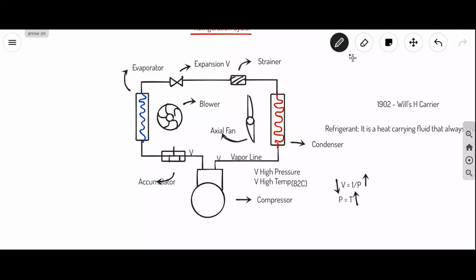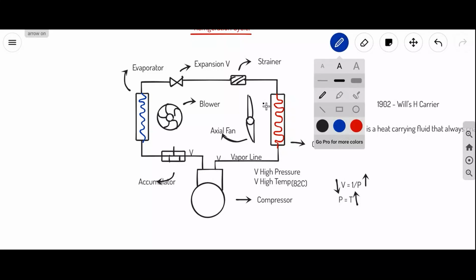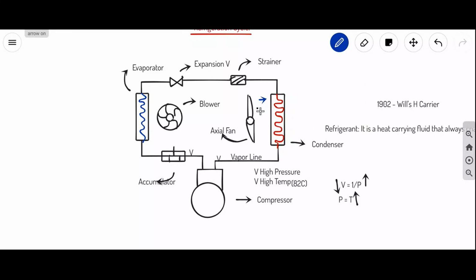So we are throwing outside air. We call it cold air. Even if I said the temperature outside is 48-49 degrees centigrade, is it still cold air? As compared to that high pressure and high temperature refrigerant temperature, yeah, right, still it is a cold air.